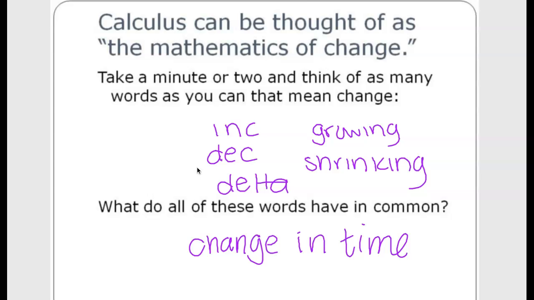Like I said, related rates are all going to be with respect to dt, where dt is the change in time. So all related rates are going to involve a dt, where dt has to do with the change in time.